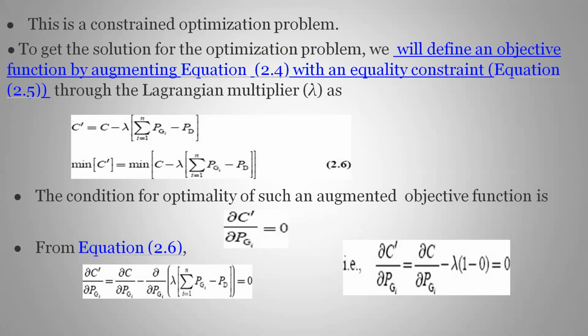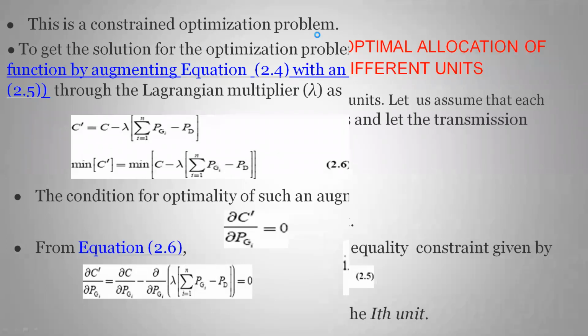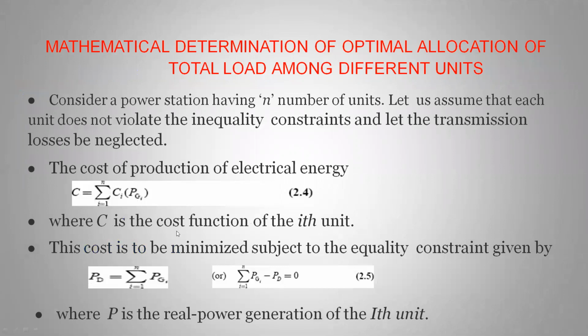To get the solution for the optimization problem, we will define an objective function by augmenting the equation. What is the augmenting equation? The augmenting equation is 2.5: Σ i = 1 to n PGi − PD = 0.